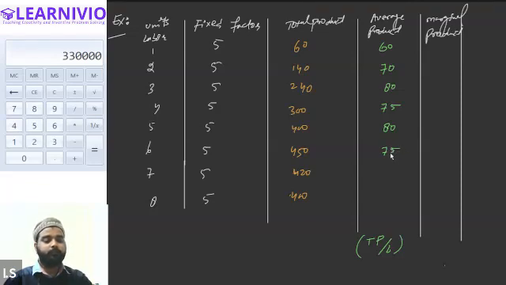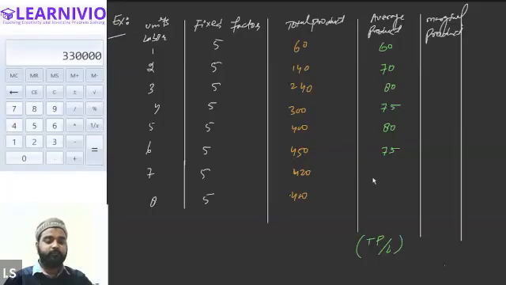Yes, no? Alexander, is this clear? Yes, sir. Then we calculate 420 divided by 7, 60, and 400 divided by 8, tell me. 50. Okay, this is the average product.